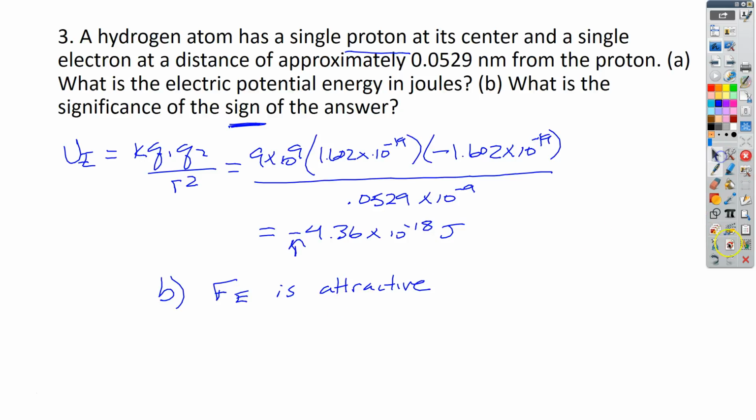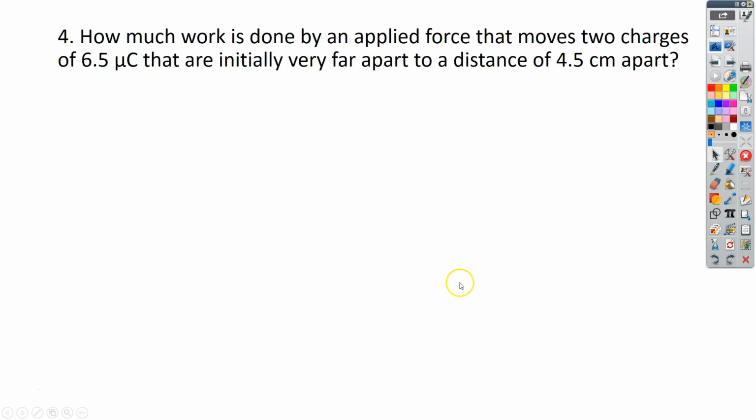For number 4, this one says how much work is done by an applied force that moves 2 charges of 6.5 microcoulombs that are initially very far apart to a distance of 4.5 centimeters apart. For this one, we're going to just say work is equal to the potential energy.